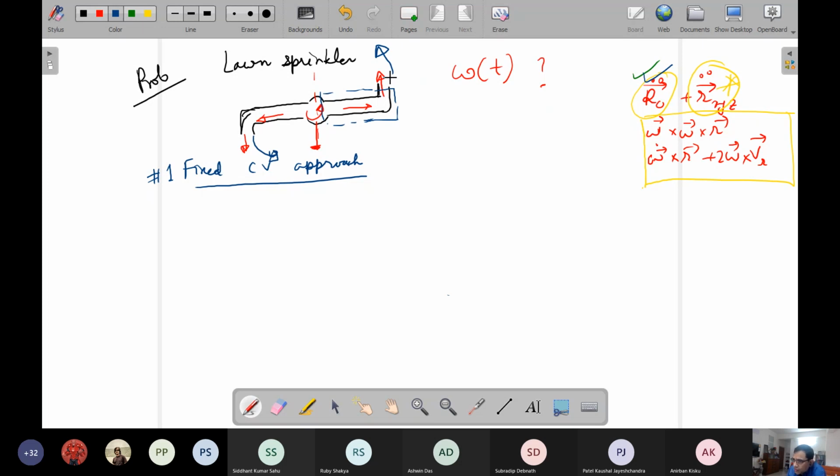When you have the fixed control volume, you have to imagine that this one is fixed and instantaneously coincident with the arm, but the arm will keep on moving, while this rectangle will not move. That is what we call a fixed control volume. What is given also is a free rotation of the sprinkler.